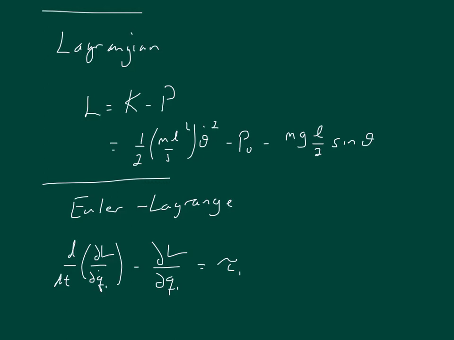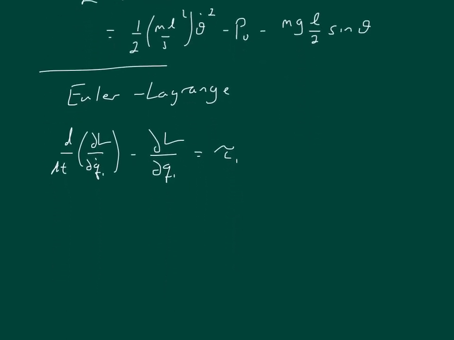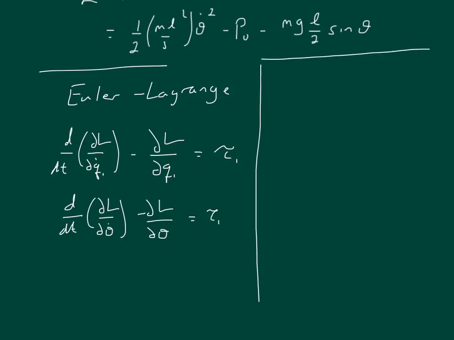And this is where we consider Q1 dot and Q to be separate variables. And in our case, Q1 is equal to theta, so this equation becomes d dt partial of L with respect to theta dot minus the partial of L with respect to theta is equal to tau 1. So let's come over here and just compute some of these quantities.